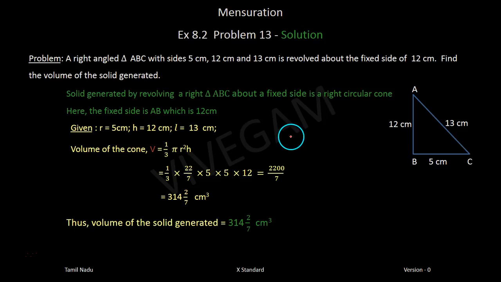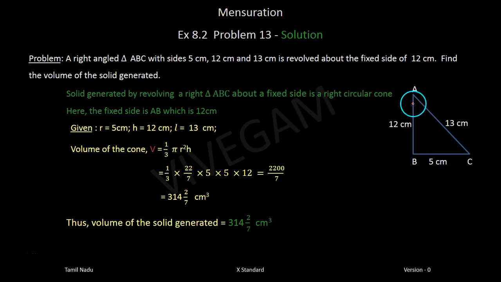Okay, before solving, we'll just write the general statement. The solid generated by revolving a right triangle ABC about a fixed side is a right circular cone. When you rotate this triangle about this fixed axis, it becomes a cone. And here the fixed side is AB because he says it is 12 centimeter.